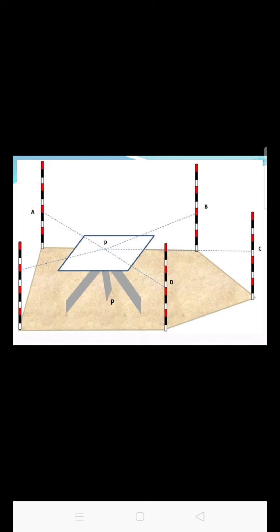Likewise, that distance is converted into some scale and the points are plotted on the drawing sheet. So from only one station you can survey the five objects. That is your radiation method.